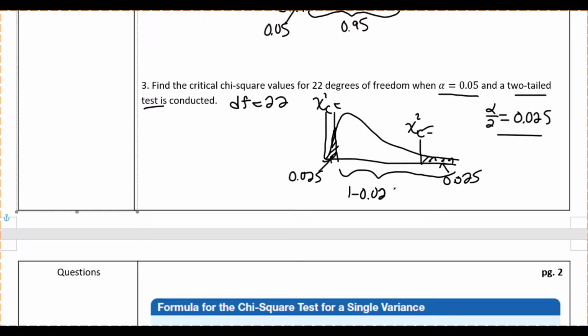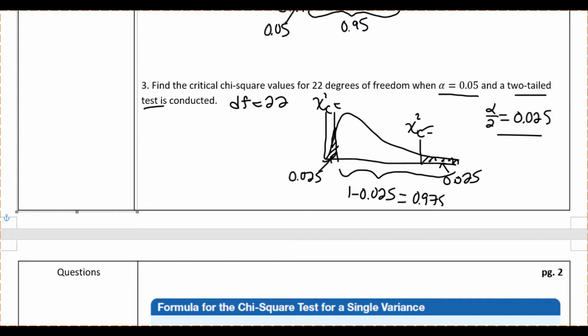And that's because the table gives us the area only to the right, and we're looking for the left here. So therefore, we're going to look up 0.975 for the left critical value. Now for the right critical value, we already know the area to the right is 0.025, so we can simply look this up and we don't have to make any adjustments at all.